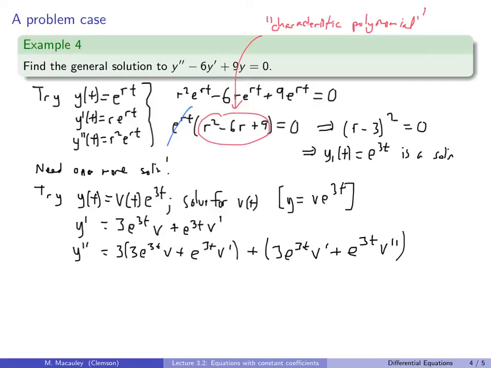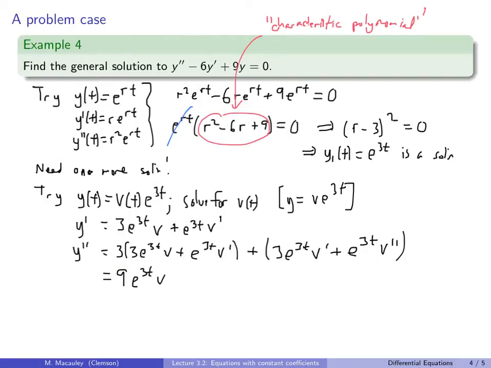So simplifying terms, we see that this and this add together. So we have 3 times this plus that. In other words, simplifying terms, we get 9 e to the 3t times v. That's 3 times this. Okay, so how many v primes do we have? We have 3 from here and 3 from here.